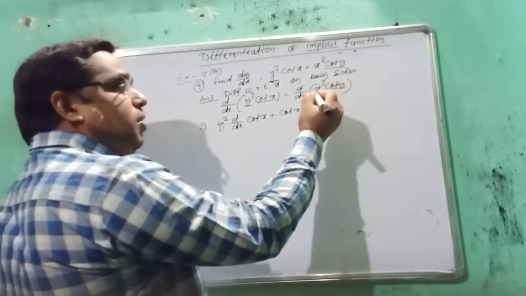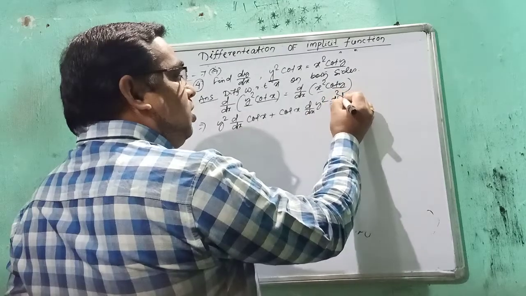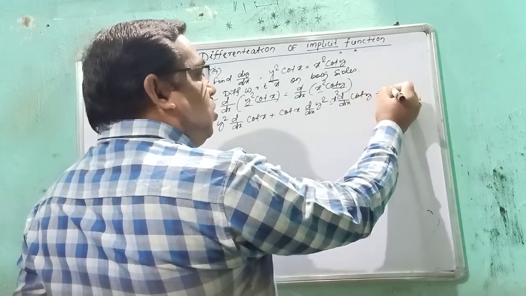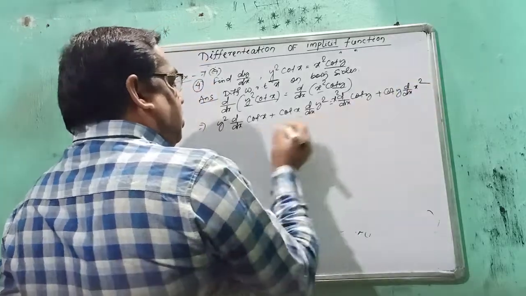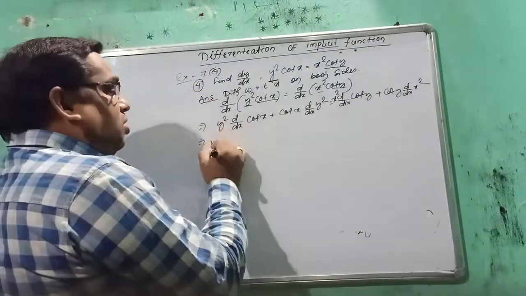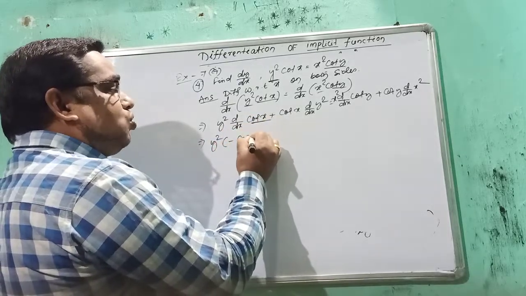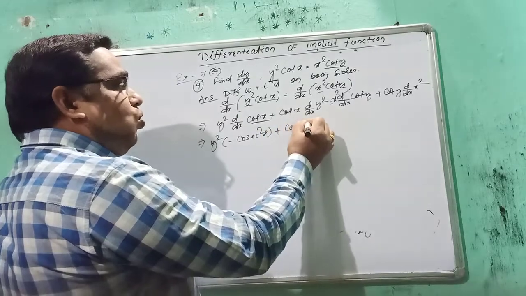Here also you have to apply the product rule: x square into d by dx of cot y plus cot y into d by dx of x square. Now we have to find the derivative of cot x. What is the derivative of cot x? Already you know, minus cosec square x, plus cot x into the y square derivative.